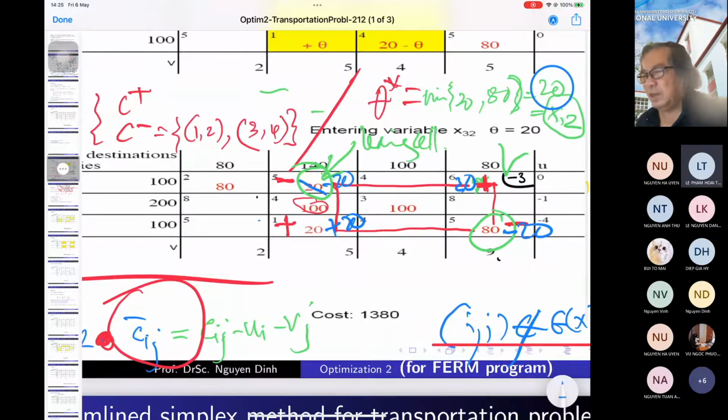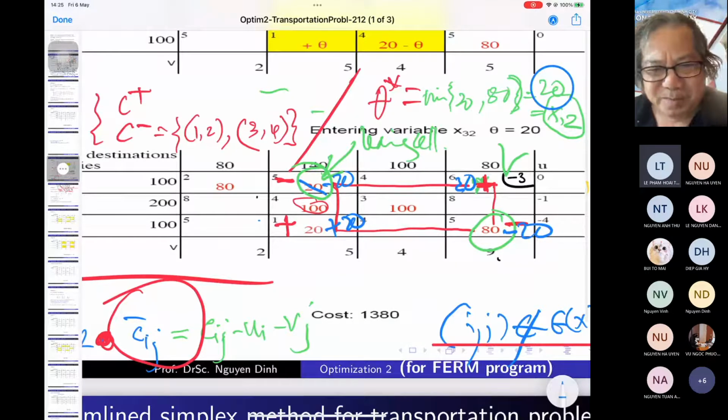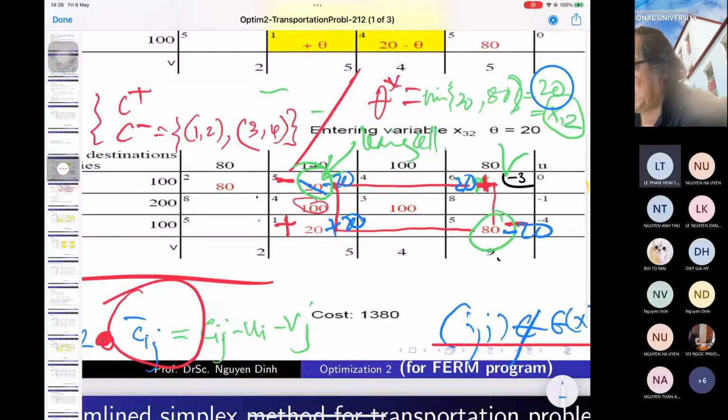Then you come to the updated feasible solution. Is that okay? Step 4, go to the updated feasible solution. So what is the updated feasible solution?